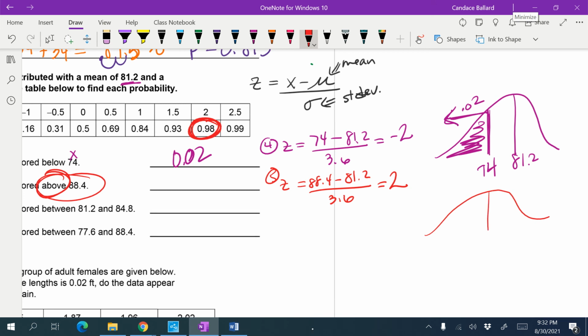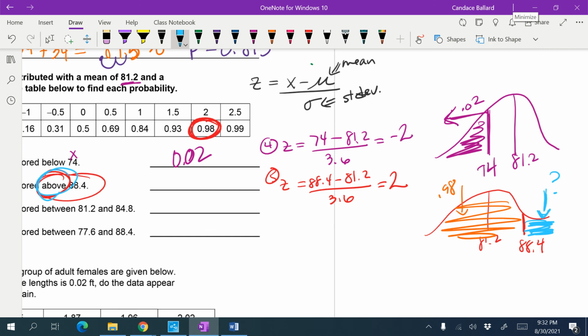So there's my normal curve. I know my mean is 81.2. I know the value we were getting is 88.4. But what this 0.98 means is that all these values here are the 0.98. But we were supposed to be getting values above. We were supposed to be calculating over here is what we wanted.